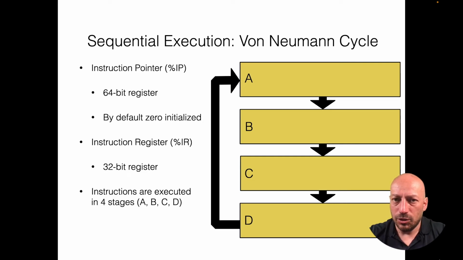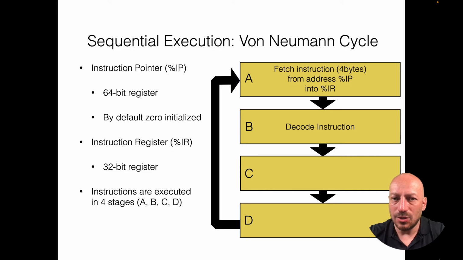In the first stage, where also the program execution starts with the first instruction, the instruction gets loaded from memory into the CPU. So it's a fetch instruction. And from the address stored in the instruction pointer, 4 bytes are copied into the instruction register. There it gets decoded. That means there is a lookup what instruction in your instruction set should actually be executed.